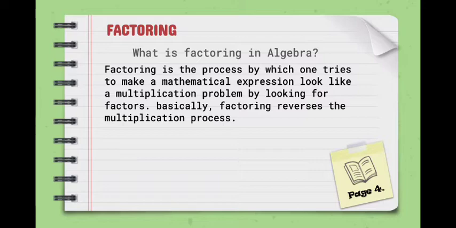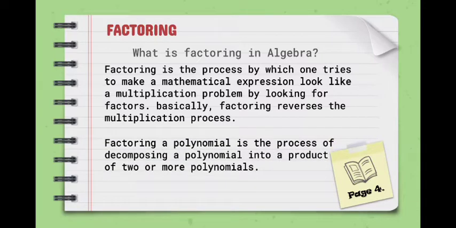So, we can also apply factoring in polynomials. What is factoring a polynomial? Factoring a polynomial is the process of decomposing a polynomial into a product of two or more polynomials. Factoring polynomials is done in pretty much the same manner. We determine all the terms that were multiplied together to get the given polynomial.